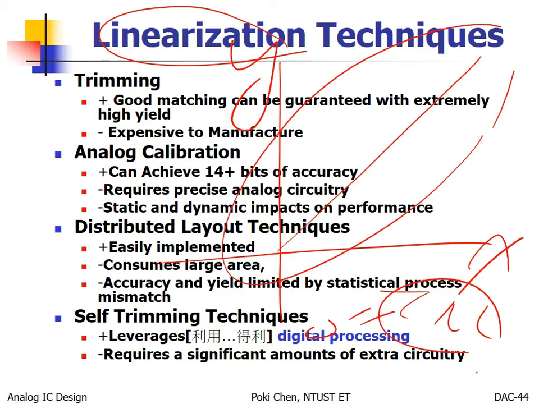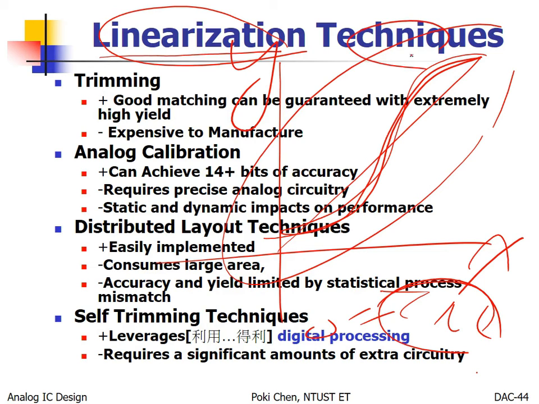However, if something goes wrong, then the output doesn't look like this. It looks like that. The INL will become too much. So you need to try to make such a nonlinear curve become linear again. And that is what we call linearization.